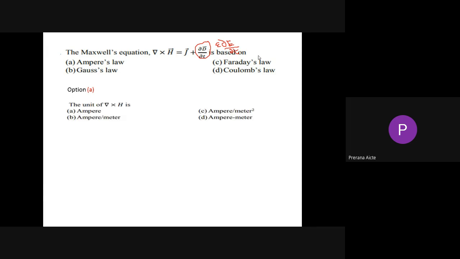Next. What is the unit of del cross H? The unit of del cross H is equal to dash. Options: ampere, ampere per meter square, ampere per meter, ampere meter.